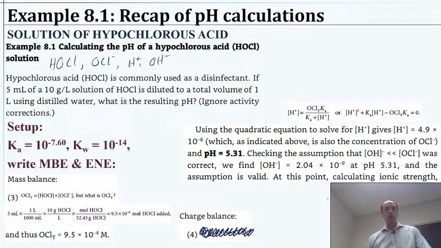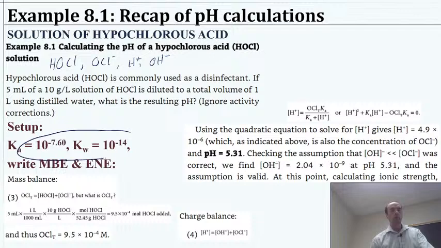Okay, then we've got the charge balance. And we really don't have any other sources of mass balance here, right? We could write out the mass action, the equilibrium values, to say that Ka is H plus times OCl minus divided by HOCl.